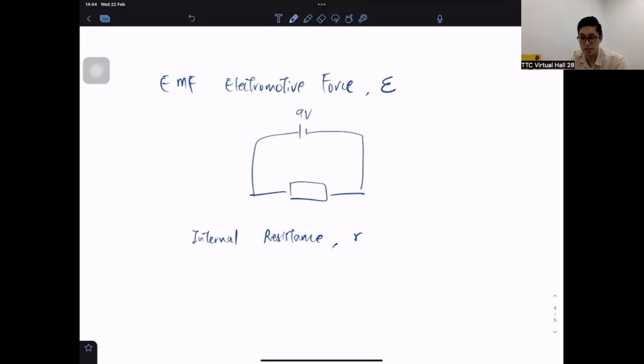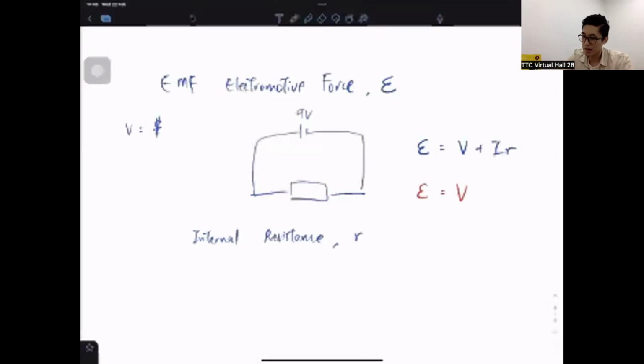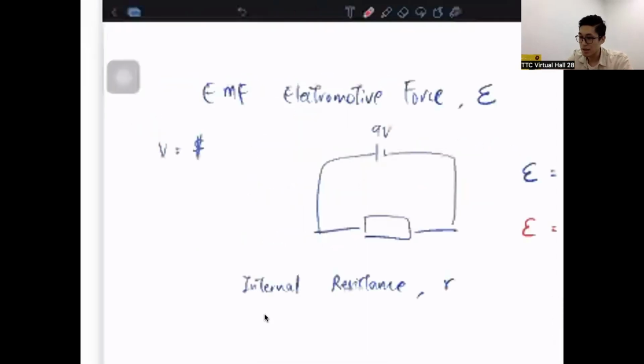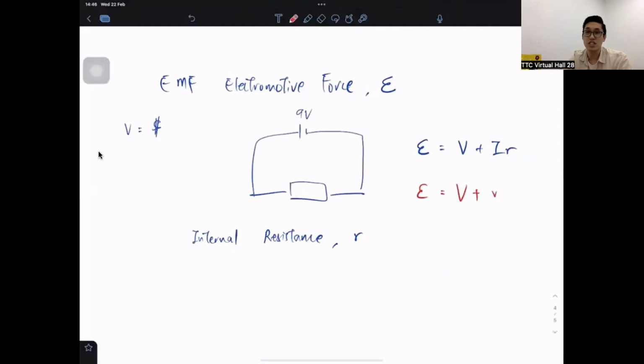So you spend 8.6. Okay, so you see, your total money, the total EMF, is equal to the amount that you can spend outside, this voltage, plus a small voltage that you have to pay at home. Small voltage, small potential difference you need to pay your mama.